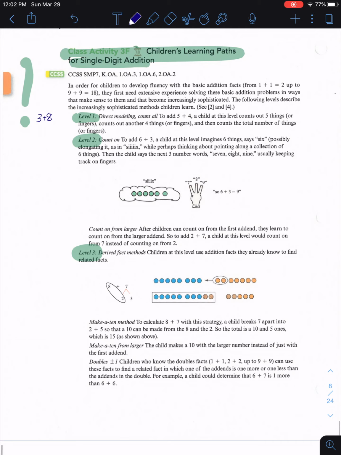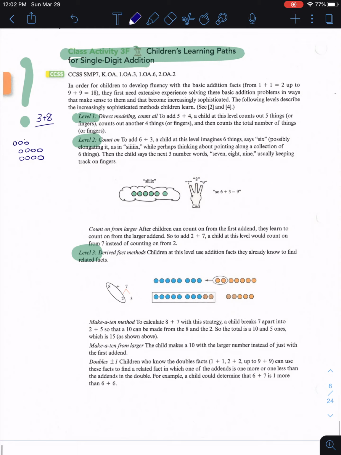And some students will go through that linearly, some students won't. But generally, just to help us orient ourselves around how children add, it's helpful to think of these 3 levels. So direct modeling, or count all, for example with 3 plus 8, is going to be kids actually writing out 3 and 8 and counting from the very beginning.